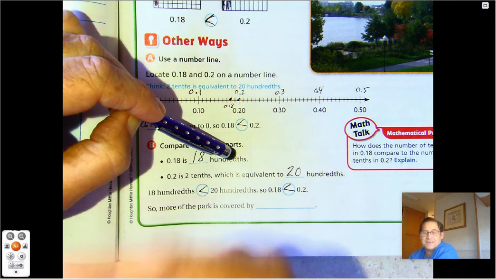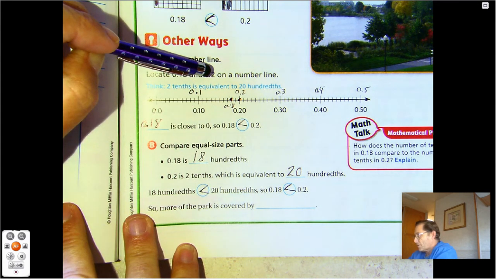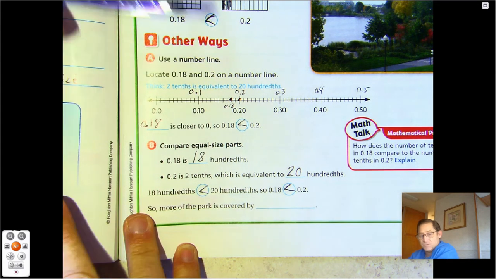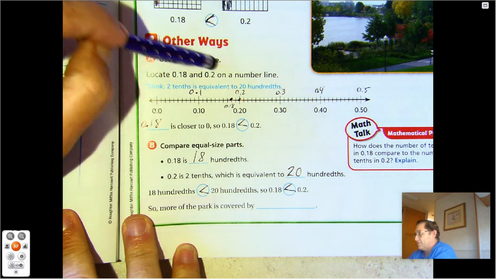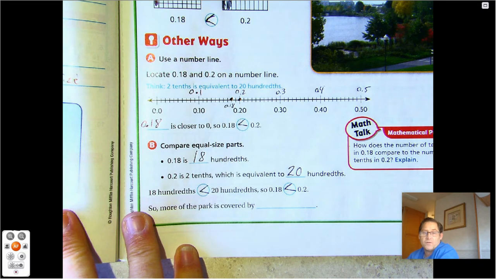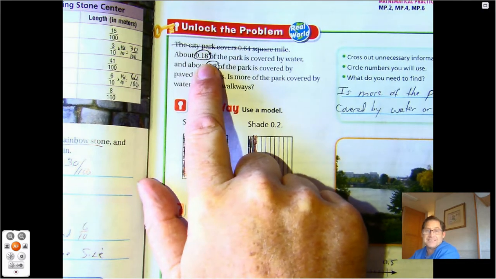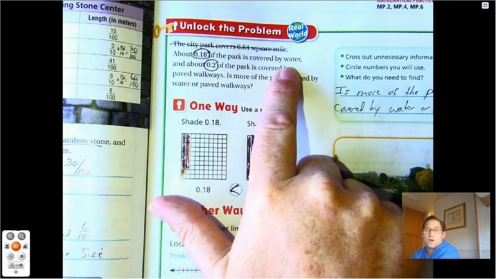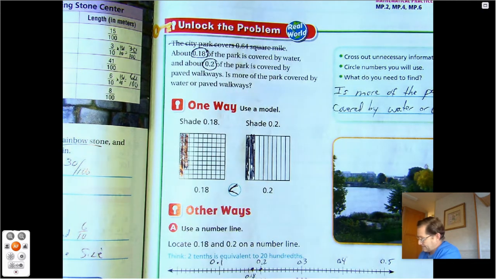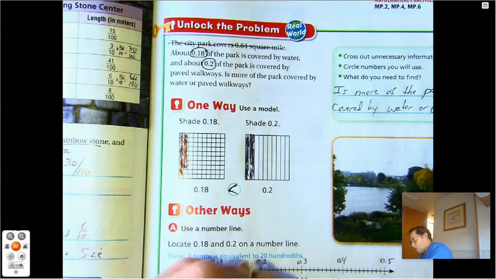In other words, we're finding common denominators or equivalent decimals. We can use a number line, or we can shade models. So 18 hundredths is less, so the water covers less. So more of the park is covered by paved walkways.